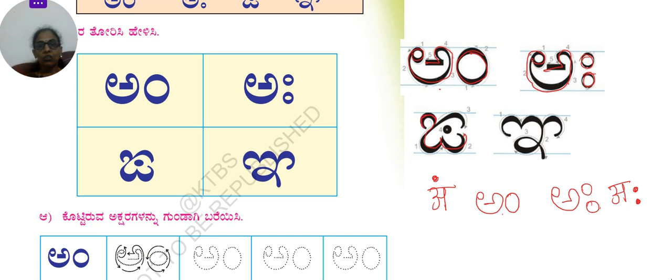So this is stroke 1, 2, then 3 and 4. Or you can also do it like this. Okay, this is gnya. So I'll write it again here. Stroke 1, 2, 3 and 4. This is equivalent to this in Hindi.